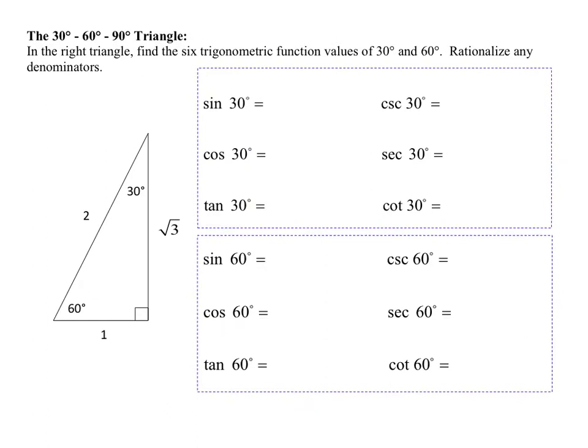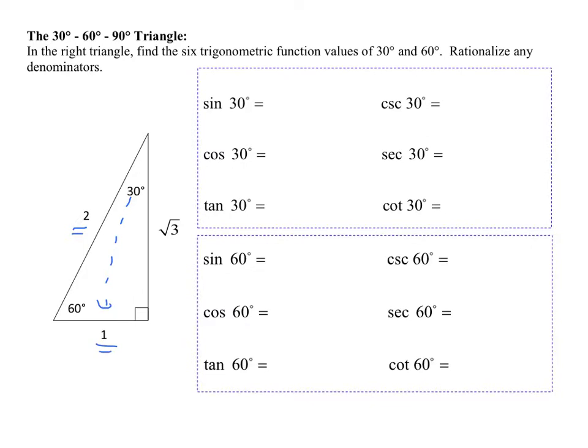Now the next triangle is called the 30, 60, 90 triangle. And this is the setup. The side opposite the 30-degree angle will always be half of the hypotenuse. So if your hypotenuse is 50, the side opposite the 30-degree angle, if it's a 30, 60, 90 triangle, would be 25.